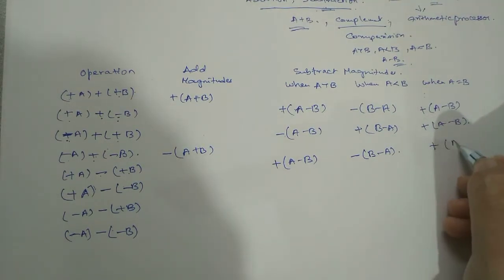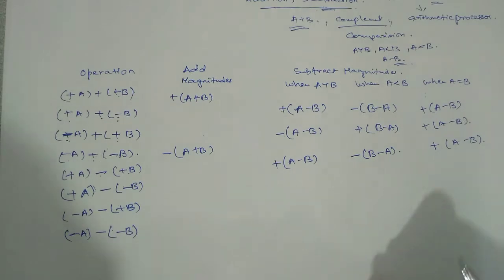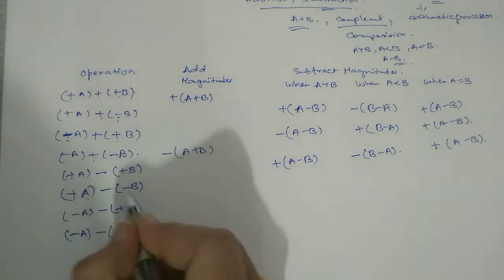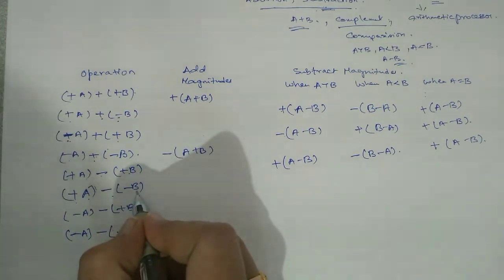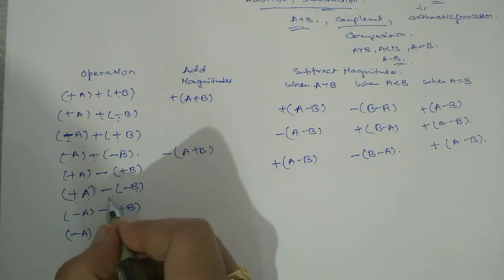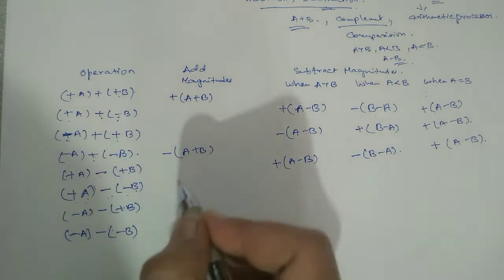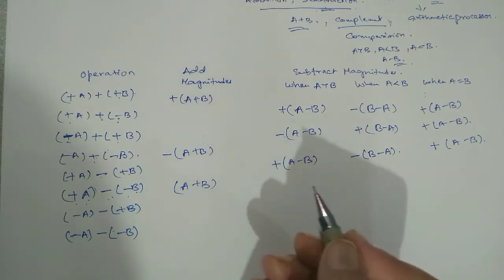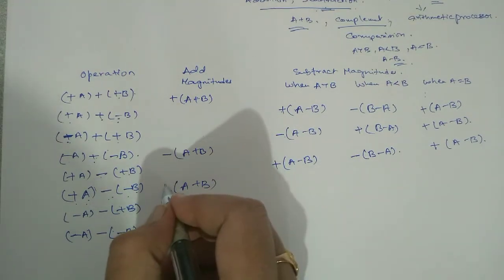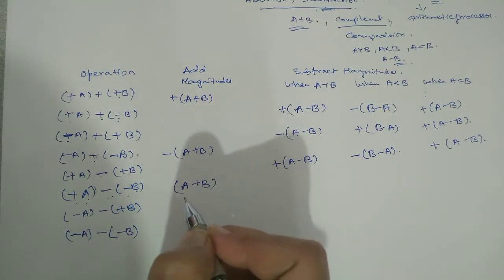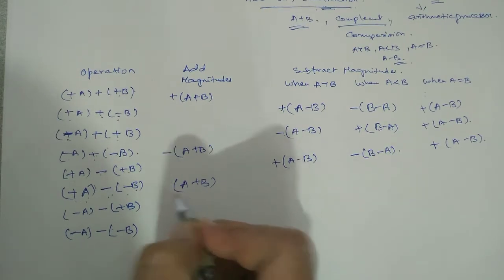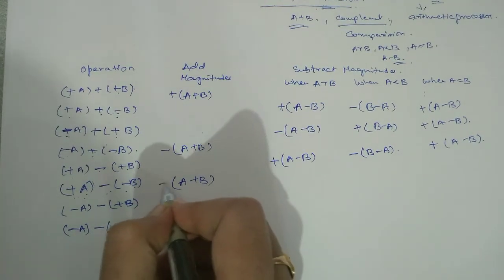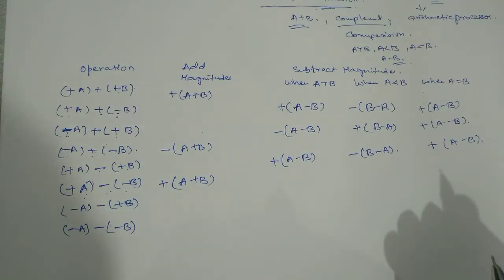And this one is plus A minus B. Here plus A minus of minus B, so minus into minus is plus B, so A plus B, and the sign is plus.